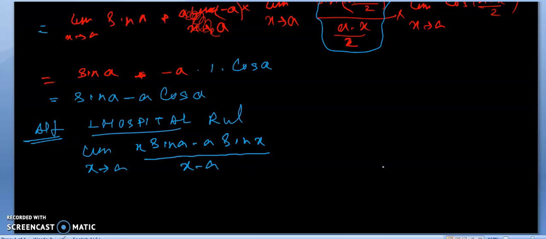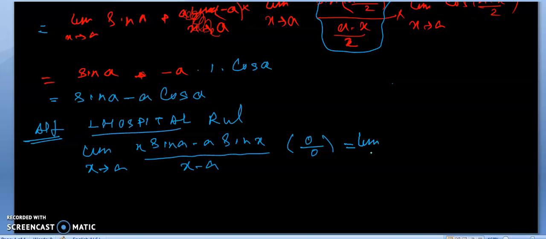That means you can say that this is the 0 by 0 form. Why 0 by 0 form? Because if you put the value x equals a, the denominator is 0 and the numerator is also 0, so it is 0 by 0 form. When the form is 0 by 0 or infinity by infinity, you can use the L'Hospital rule. The rule is you have to differentiate both the numerator and denominator with respect to x.